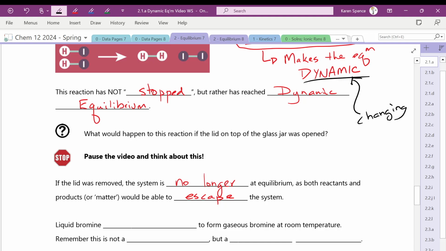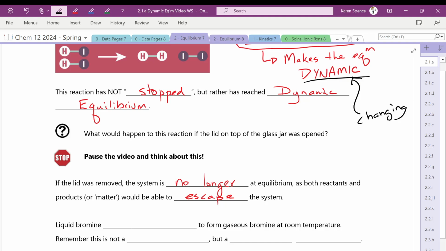So dynamic and static are like opposites, okay? The reason that this pen doesn't move when it's on the table is because the force of gravity is balanced by the normal force pushing up on the pen. That is a static equilibrium, and that's why you see no change in the pen. But in chemistry, because we still have those reactant molecules reacting to form products, we have changes at the particle level and changes at the particle level going the other way, and it's those changes that make it dynamic.